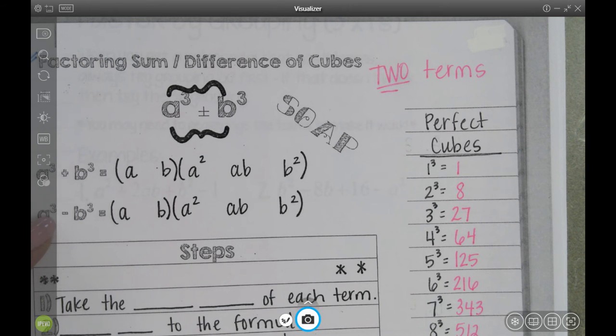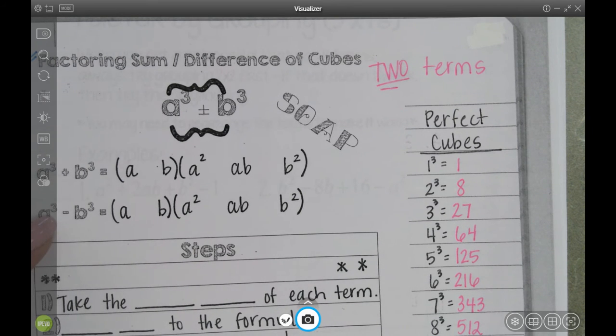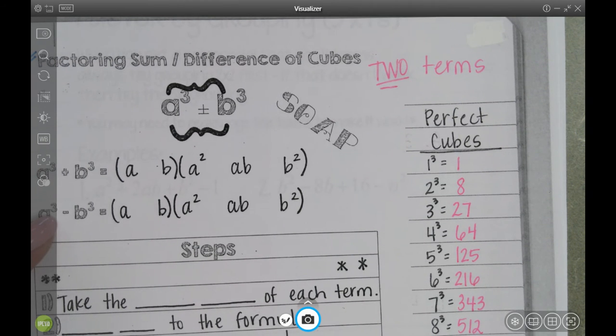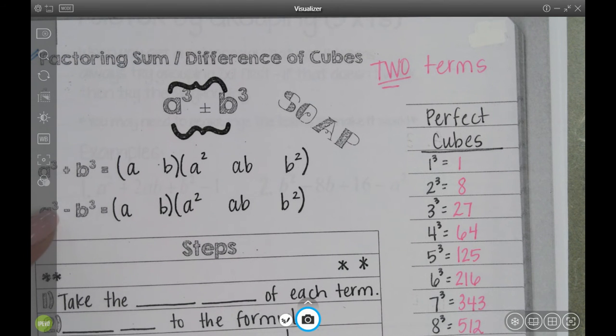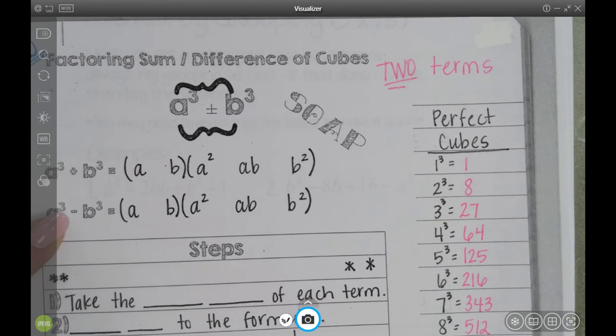And what's really nice about these is if you can memorize the formula, you'll get them right every time. So this is a formula you got to memorize. Kind of like difference of two squares. But once you know the formula, you'll be good.